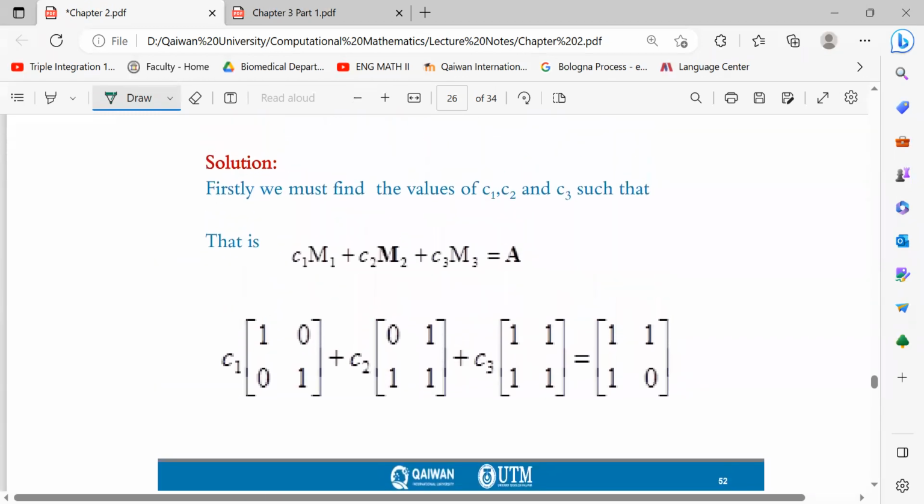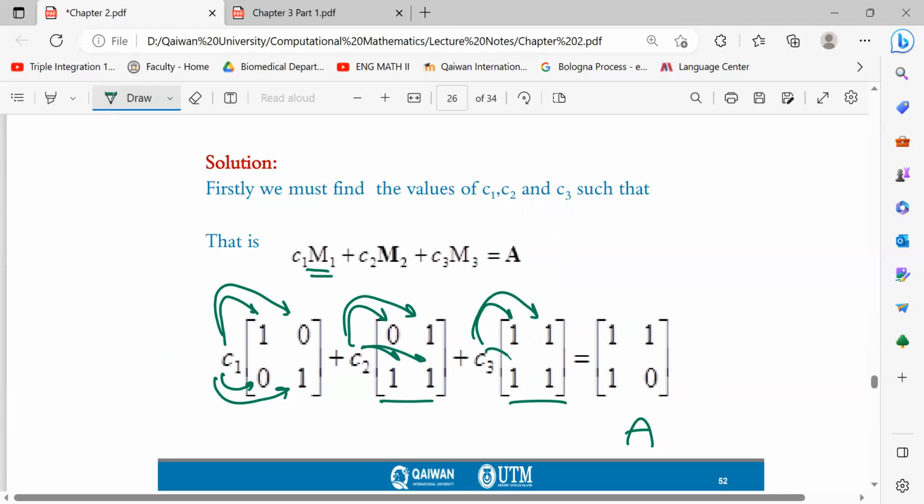Look, we say C times M1. M1, M2, and M3 are matrices which are given. We must get A. This is matrix A, as I said above. Now, we enter this here. We multiply all elements by C1, and here also, we multiply all elements by C2. Multiply all elements by C3.